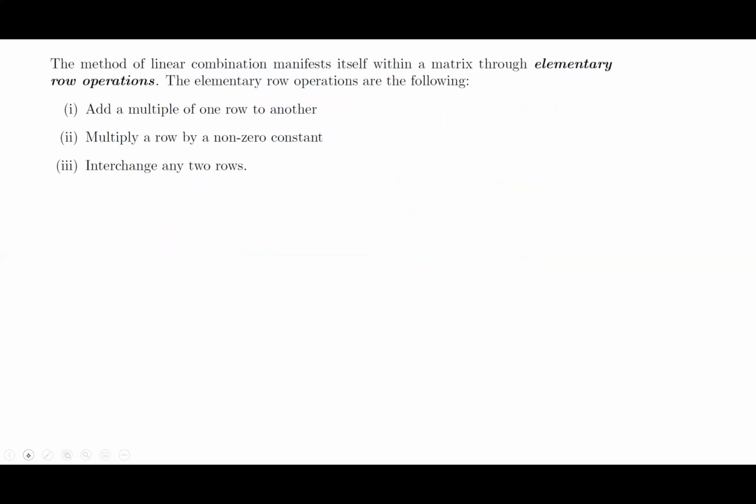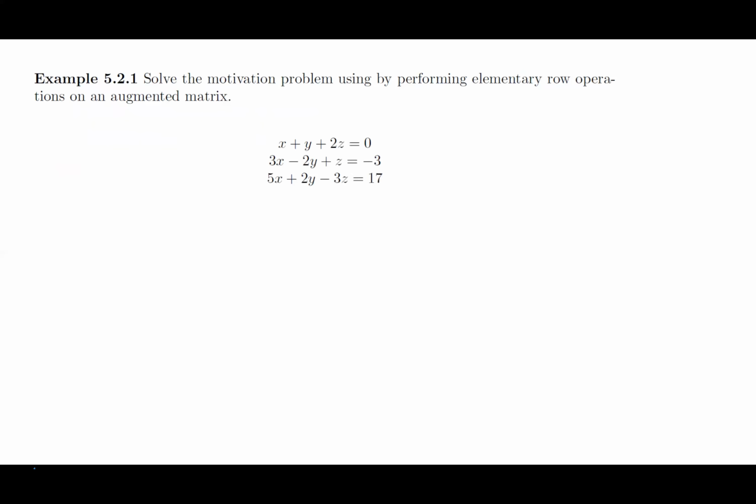Now we can do things with these rows. They're known as elementary row operations. We can add a multiple of one row to another. We can multiply any row by a non-zero constant, and we can interchange any two rows. Okay. And that's going to come in very handy. All right, so let's take a look here. I'm going to perform elementary row operations on this, okay, until I can actually get to my solution.